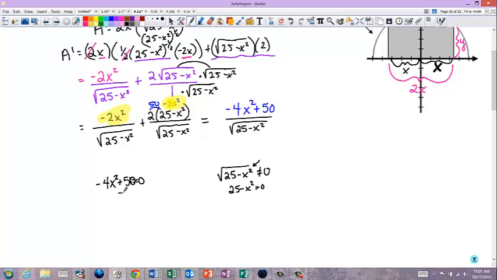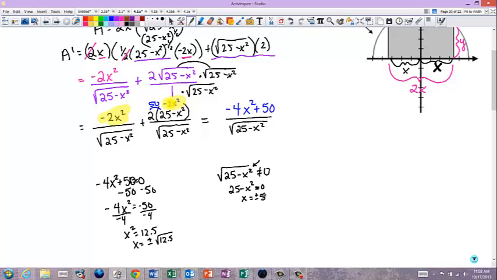So if I come over to this one, I minus 50, so I got negative 4x squared equals negative 50, divide by negative 4, x squared equals 12.5, so x equals plus or minus the square root of 12.5. And then over here, remember you'd have to do a little sign graph, but if I just solve it for a second, let's just pretend solve it, I would get x equals plus or minus 5.